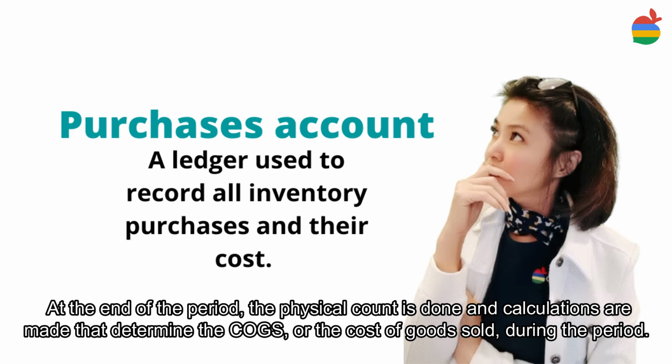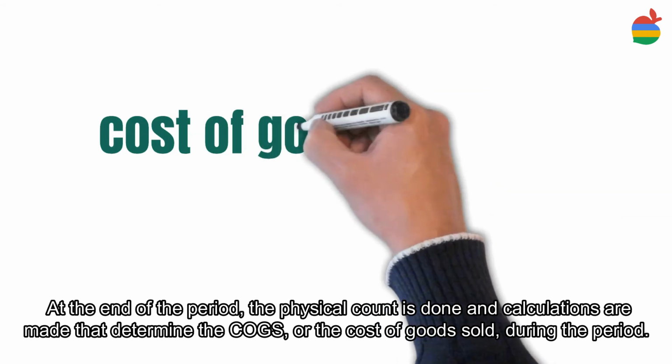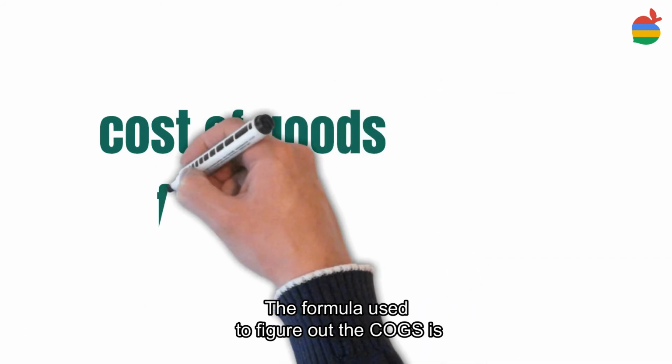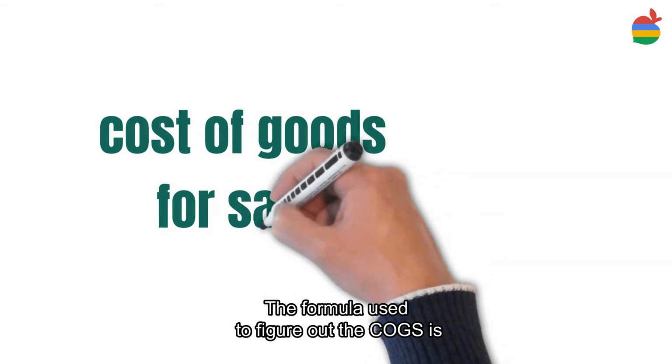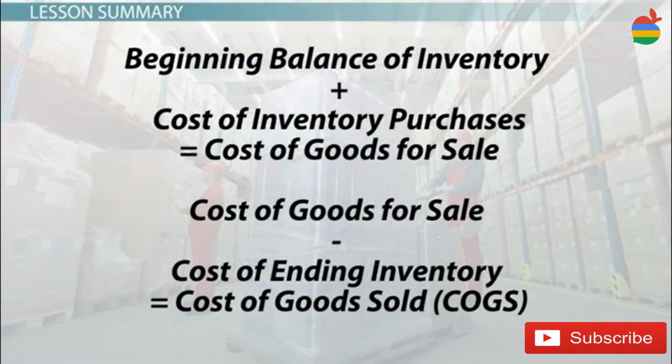It determines the COGS, or the cost of goods sold during the period. The formula used to figure out the COGS is beginning balance of inventory plus cost of inventory purchases equal to cost of goods for sales. Cost of goods for sales minus cost of ending inventory equal to cost of goods sold.